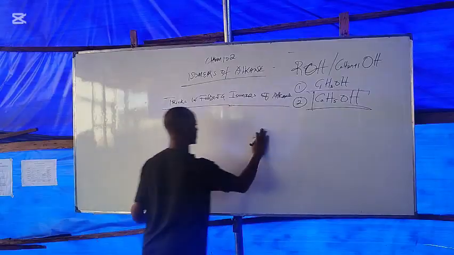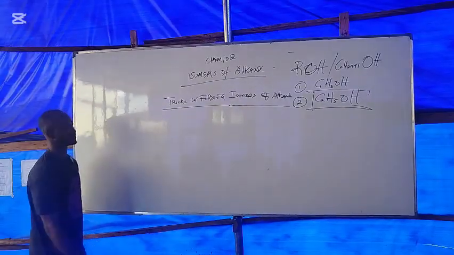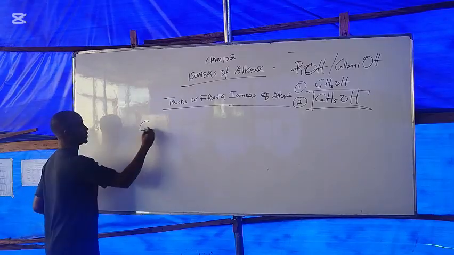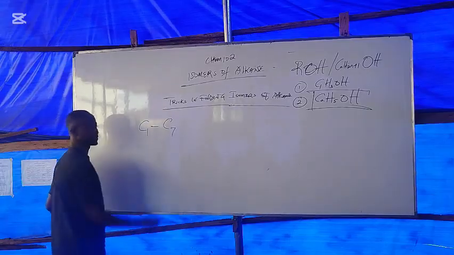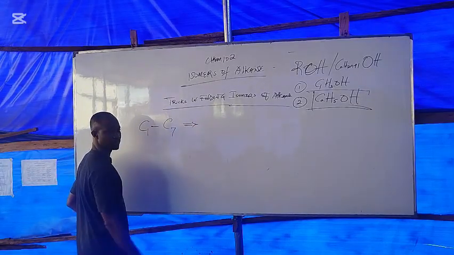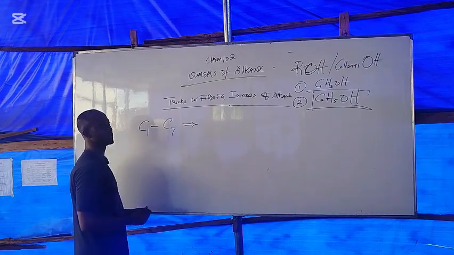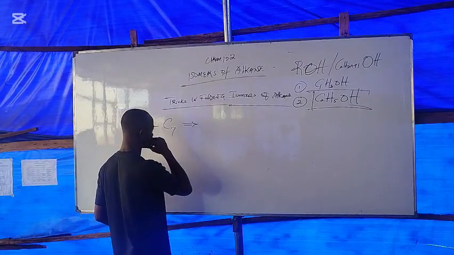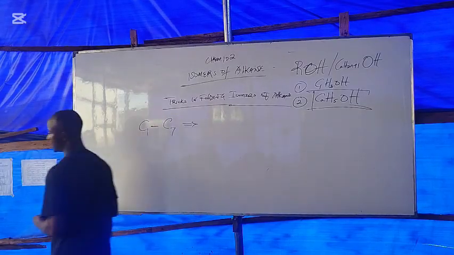In finding what? Isomers of alkane, from carbon 1 to carbon 7. The trick in finding this isomer is simply based on the number of carbon.